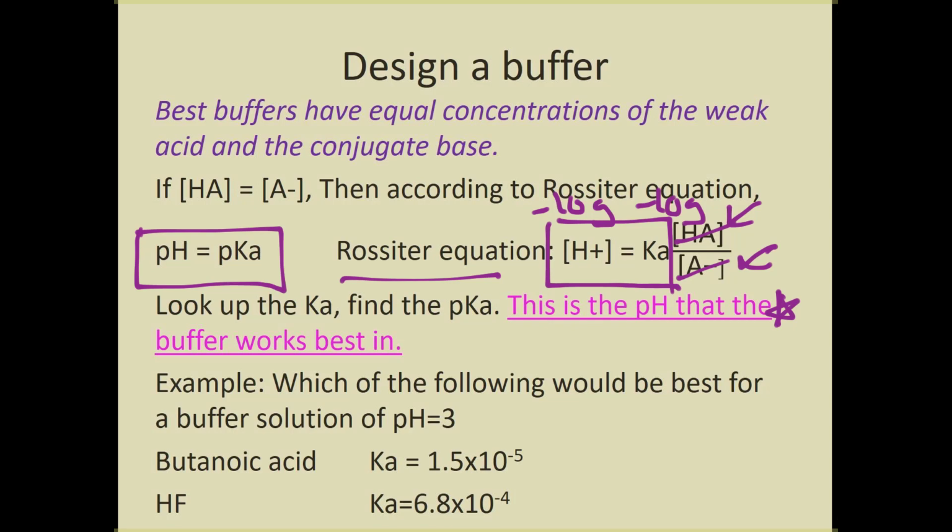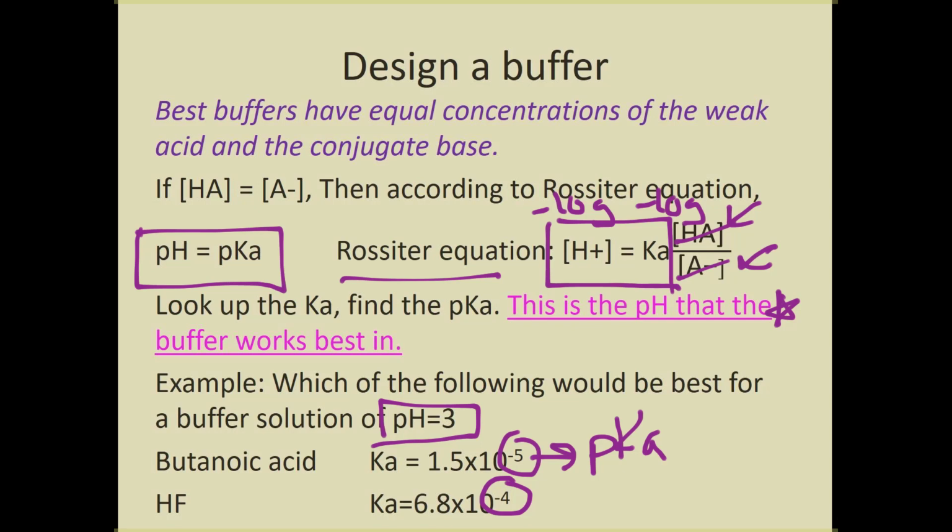So if you want to design a buffer to be at a pH of 3, then you're going to look at each of these Kas and you'll find their pKa. Or really, you can simplify things and look at the exponent. So I know this first one is going to be a pH of probably between 4 and 5.